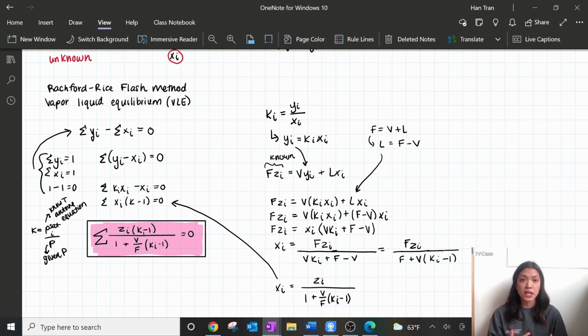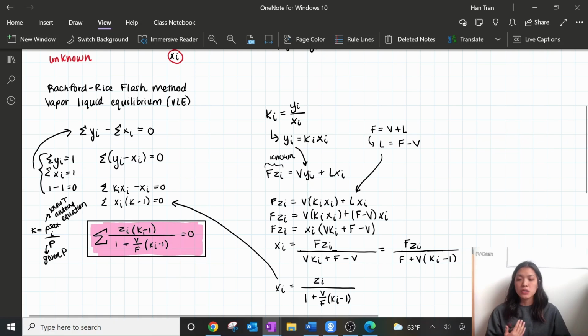So we have an equation with one unknown that we can solve. We will be solving for the vapor feed ratio, the vapor over the feed, and using that to solve for the vapor amount, the liquid amount, the vapor mole fraction and the liquid mole fraction.